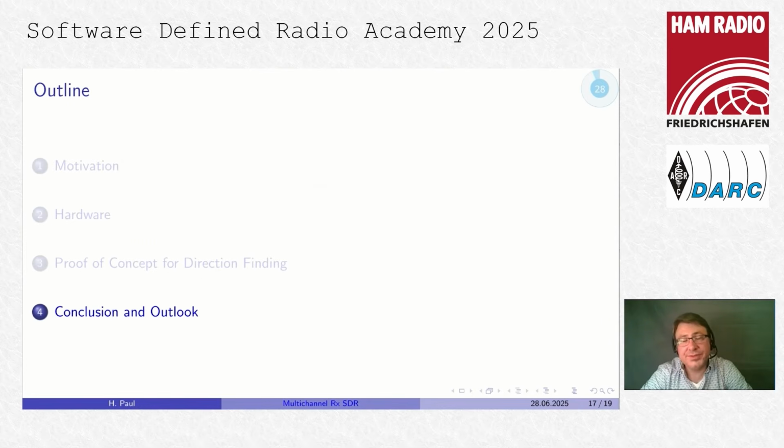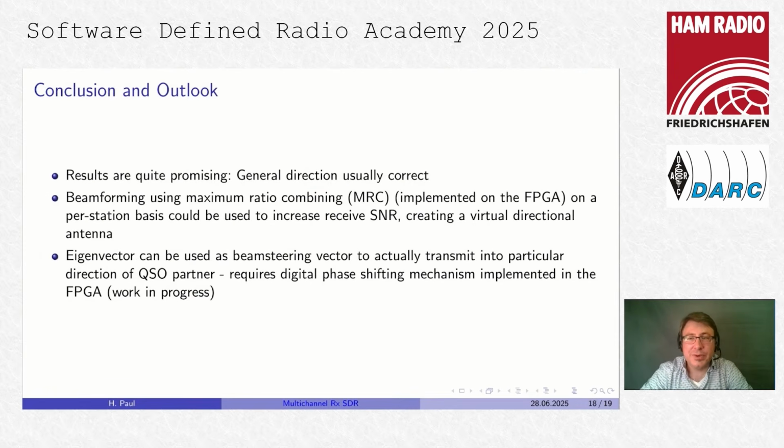So much for the results of my experiments. I'd like to wrap up my talk now, and I was really pleased how well this estimation performed. Usually we get the general direction correctly.